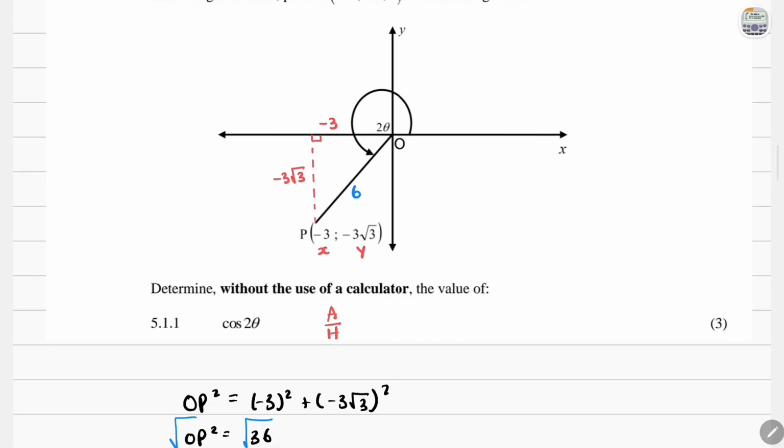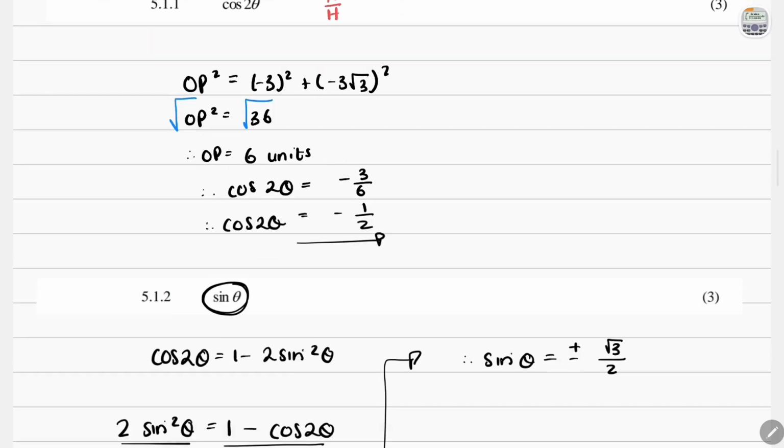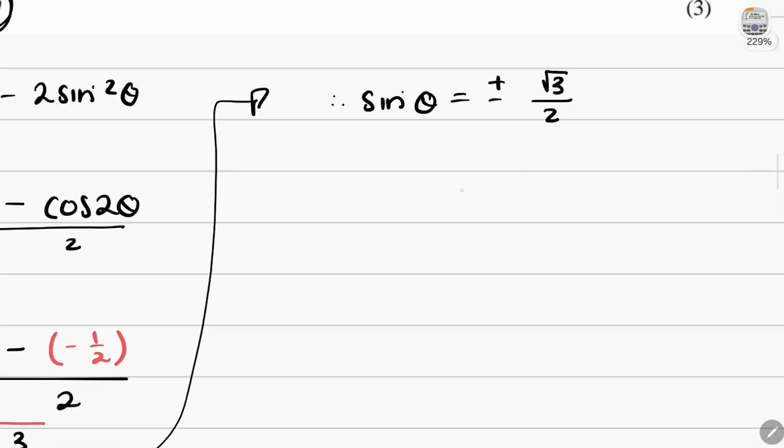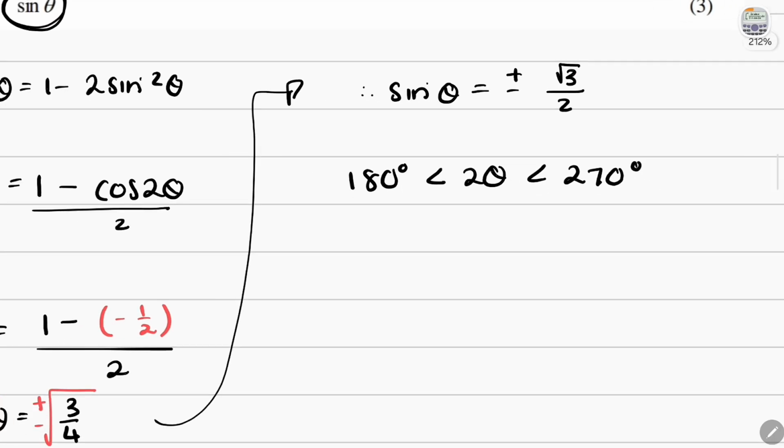Do you see that our terminal arm lies in the third quadrant? In this situation, this is 2 theta. So it means that this angle is a value greater than 180 degrees, but less than 270 degrees. So think about that. If 2 theta is greater than 180 degrees, but less than 270 degrees, then what is theta?